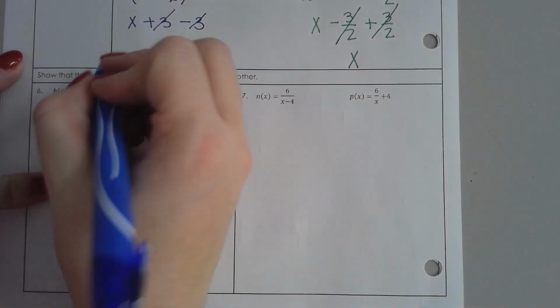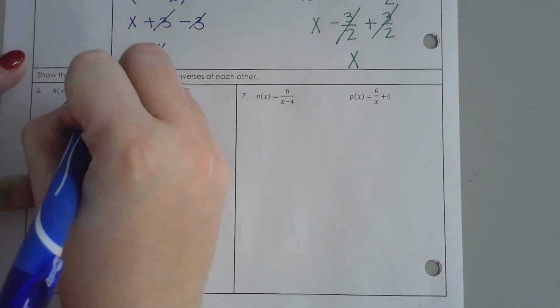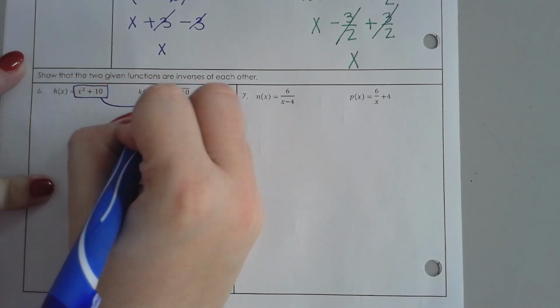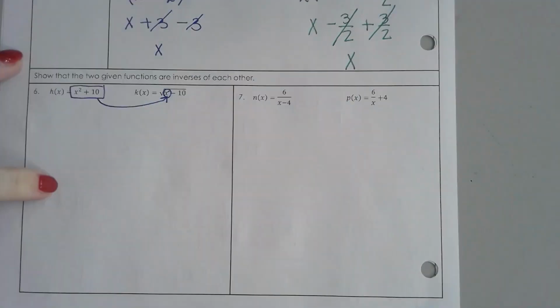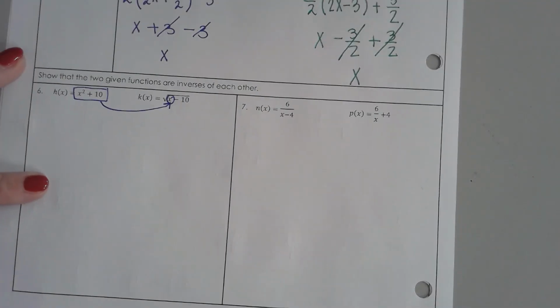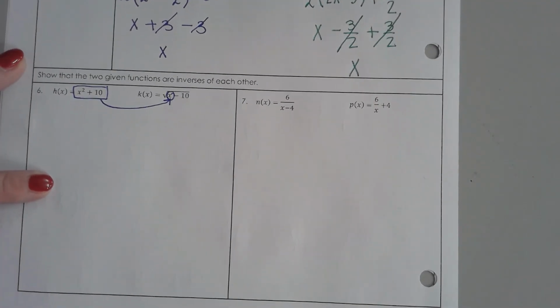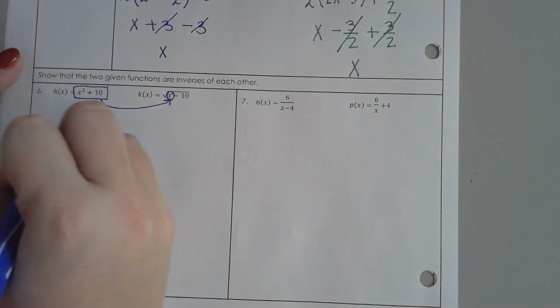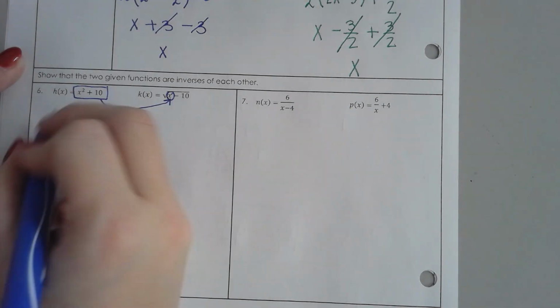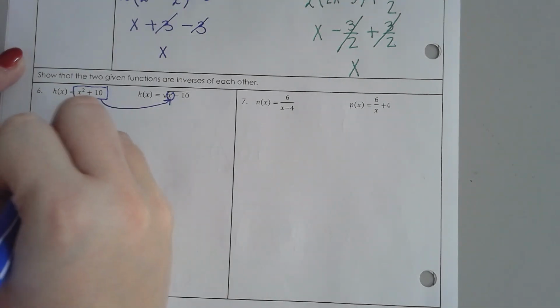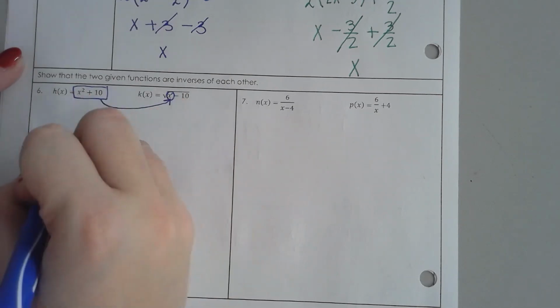Okay. So I'm going to take this x squared plus 10 and put into that x. Okay, and that becomes the square root of x squared plus 10 minus 10.